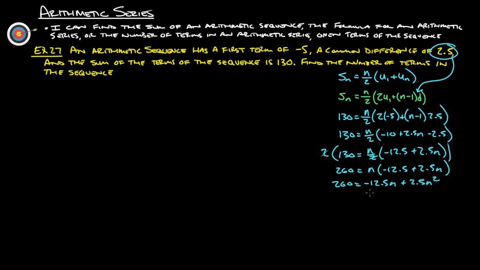Okay, so let's see if we can get rid of these 2.5s. Maybe let's move this 260 over first, because we want to set one side equal to 0. So subtract 260 from both sides, and then let's also write this in the proper order. So we'll put 2.5n squared first, minus 12.5n, minus 260.